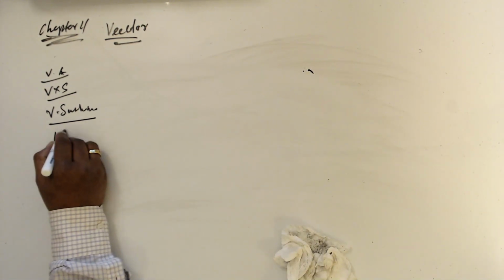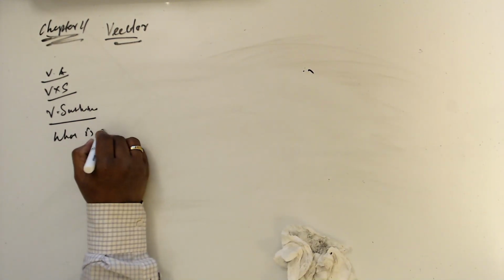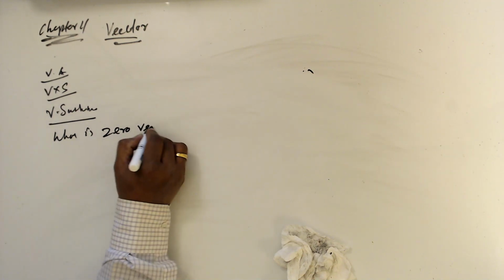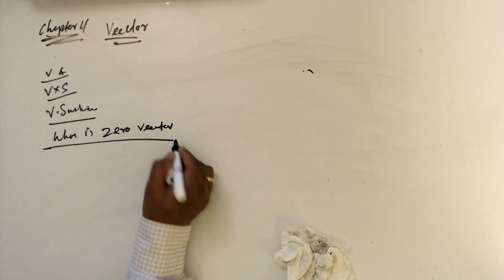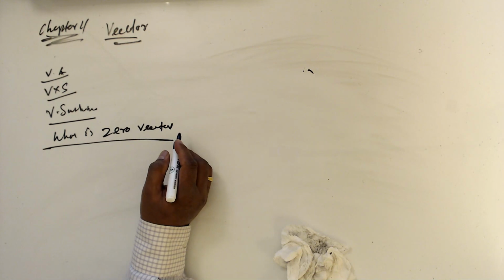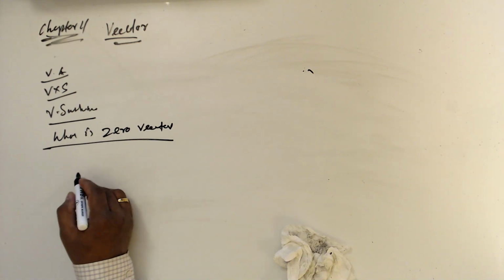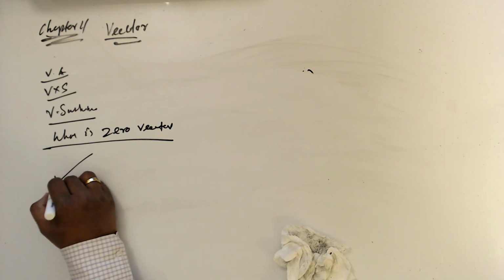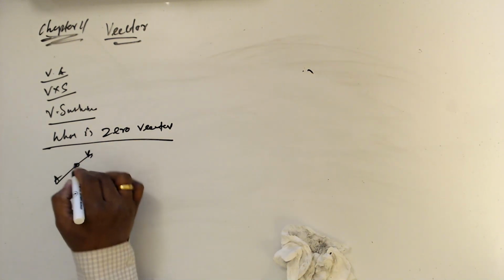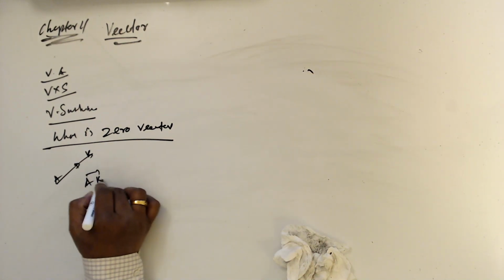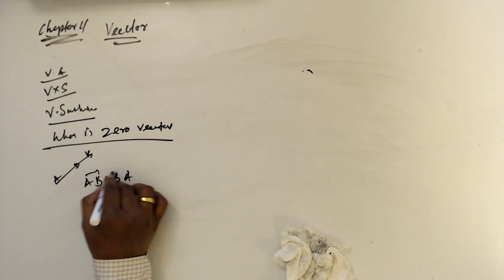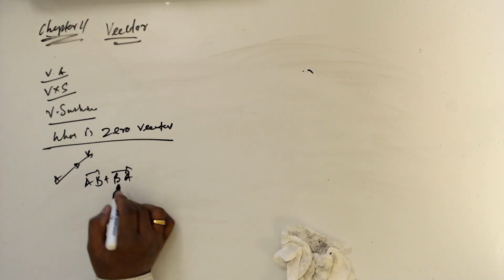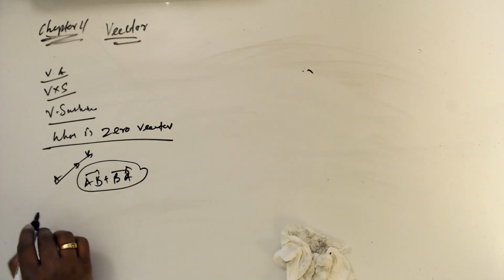Last one. What is the zero vector? The zero vector is, if we have a vector AB, AB plus BA. This is the zero vector.